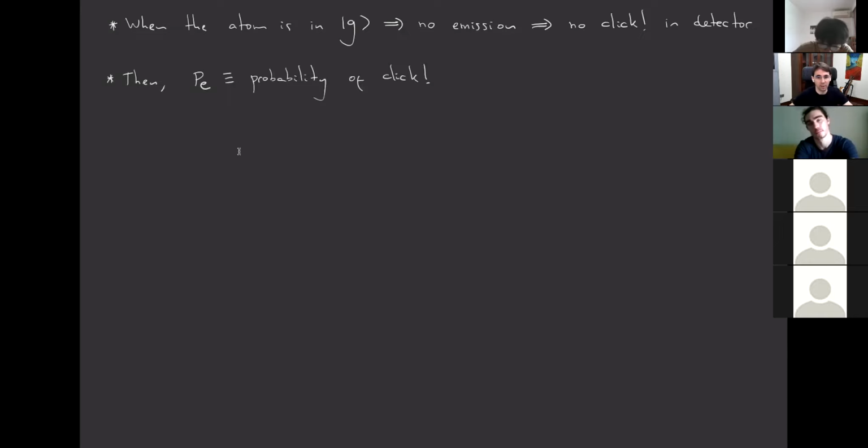And what's more important, whenever your detector has done a click, you know that after the click, just by the postulates of quantum mechanics, the system has collapsed to the ground state.